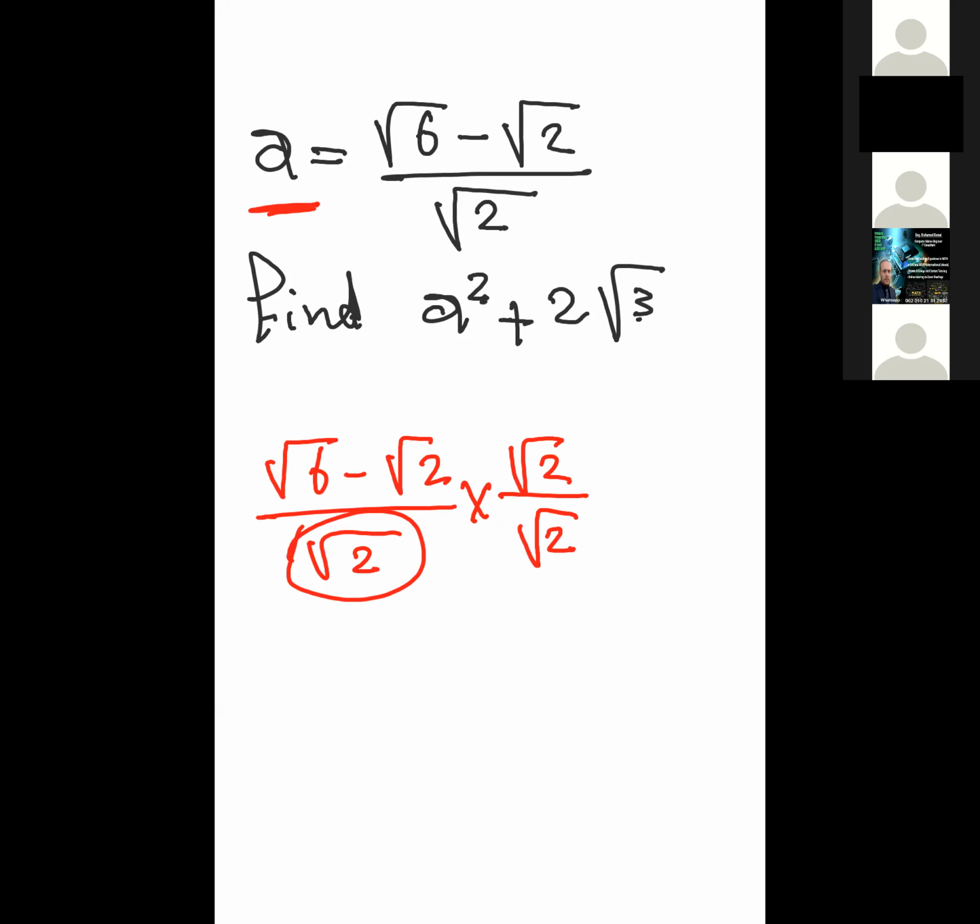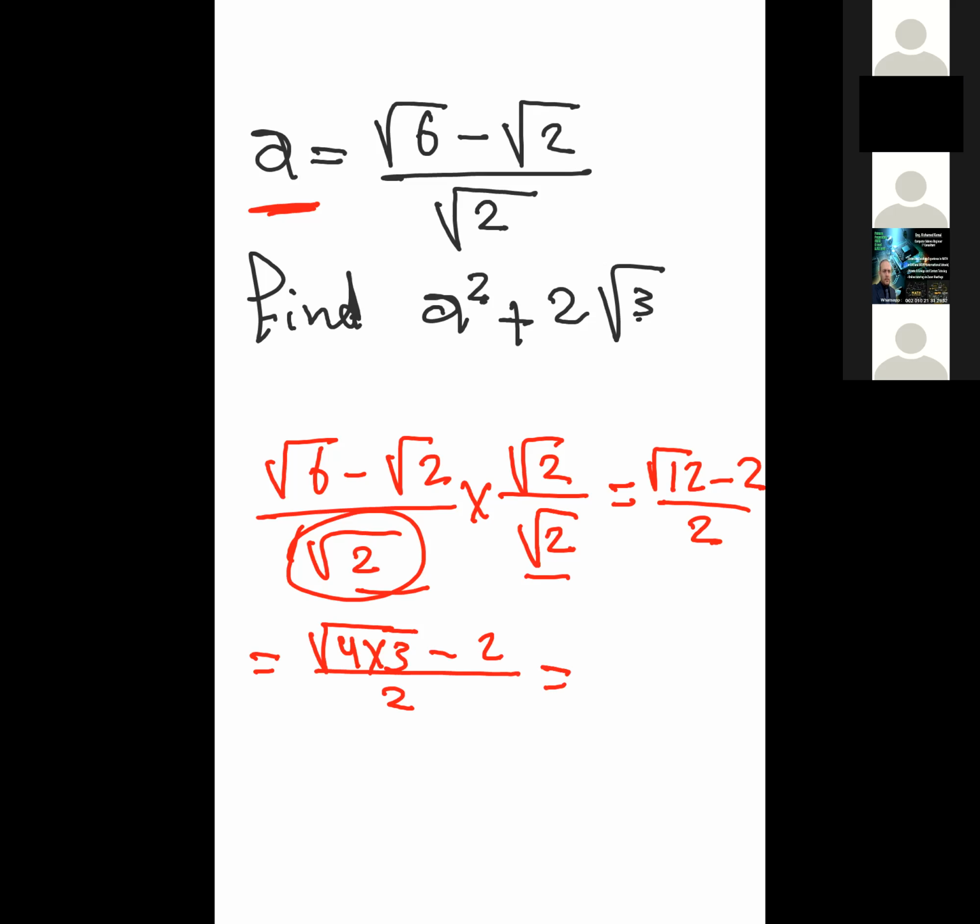So it will equal the square root of 6 times the square root of 2, which means the square root of 12, minus the square root of 2 times the square root of 2, which means 2, over 2. Then it will equal the square root of 12, of course, we said it will equal 4 times 3, minus 2 over 2.